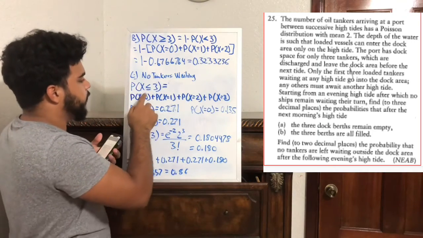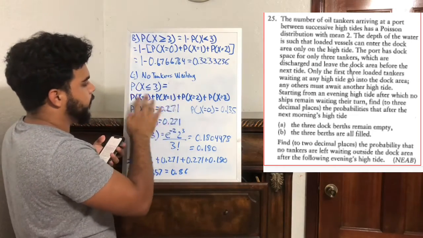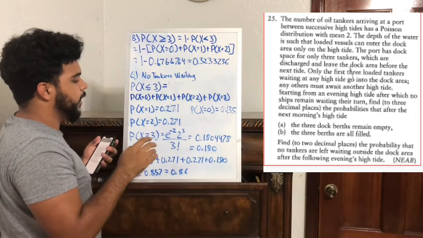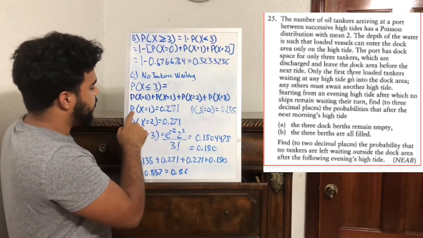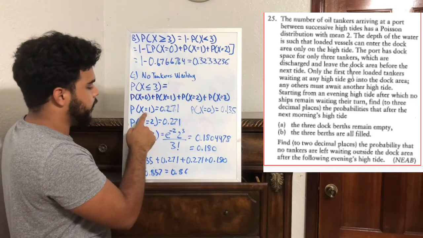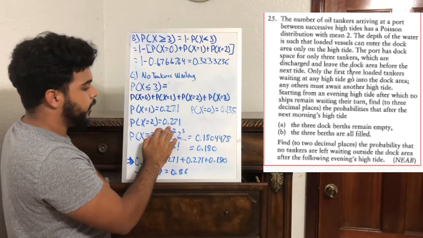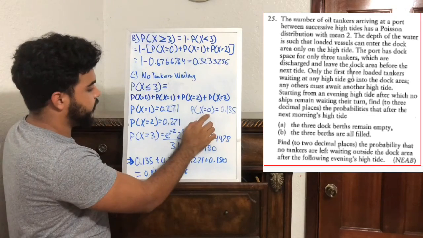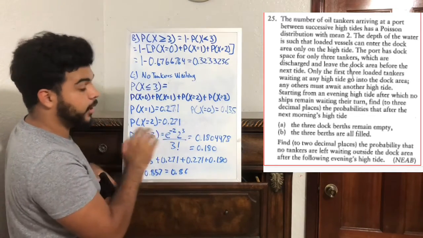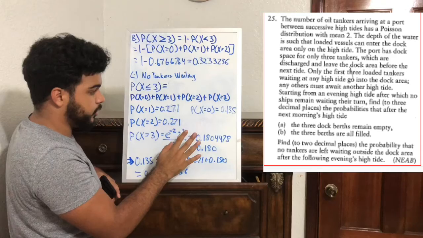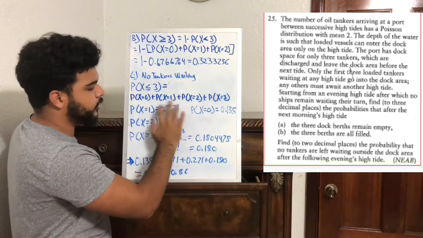So like I said, at most 3. Because we already know that P of X equals 1, and we already know the answers for the cases of 0, 1, and 2, I just put them back right here.